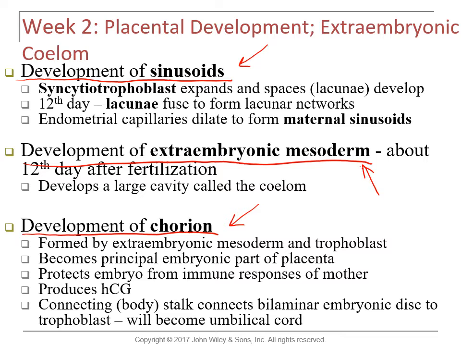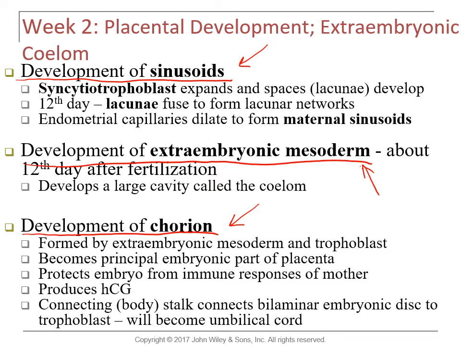The chorion also protects the embryo and fetus from the immune responses of the mother in two ways. It secretes proteins that block antibody production by the mother. Second, it promotes the production of T lymphocytes that suppress the normal immune response in the uterus. Finally, the chorion produces human chorionic gonadotropin, the HCG, an important hormone for pregnancy.